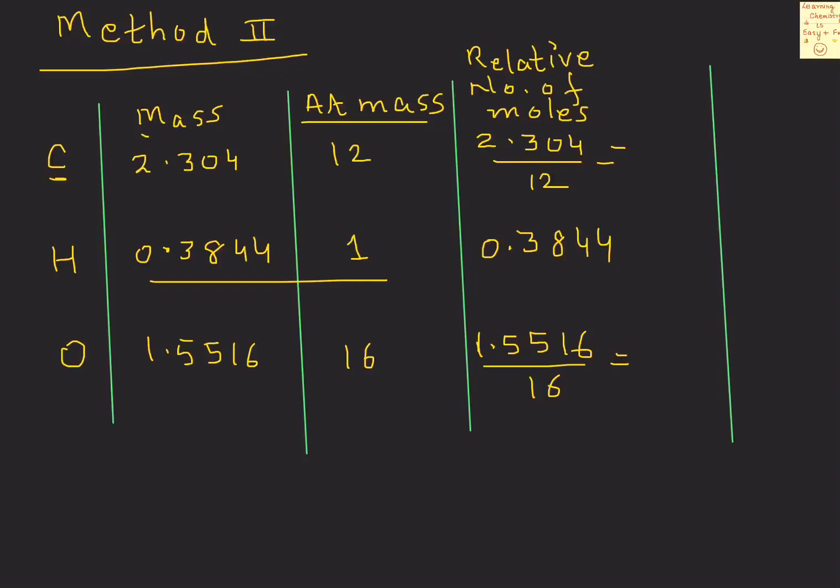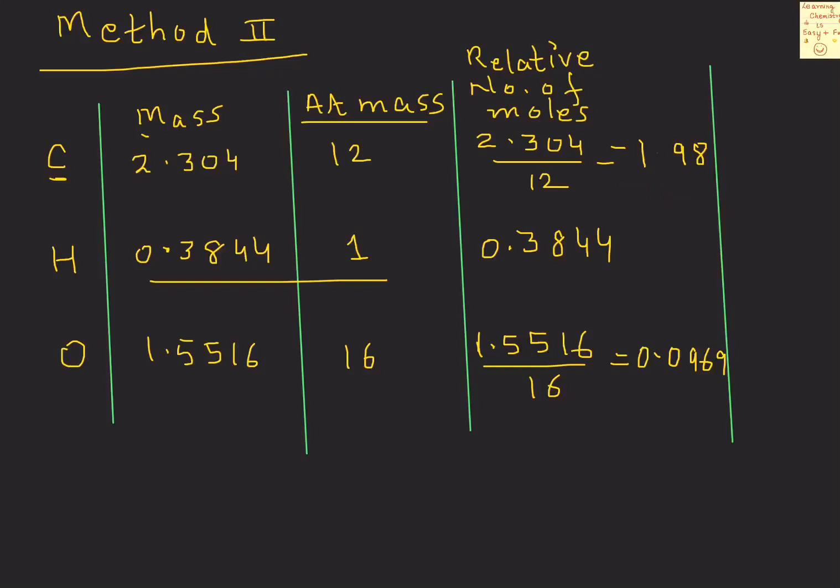Very good. So we have over here carbon is 1.98, which we can approximately take as 2. It's close to 2. And hydrogen is, of course, 0.3844. And oxygen, 1.5516 divided by 16.